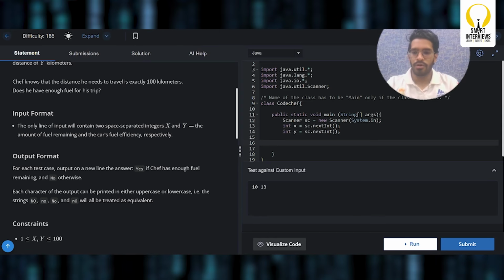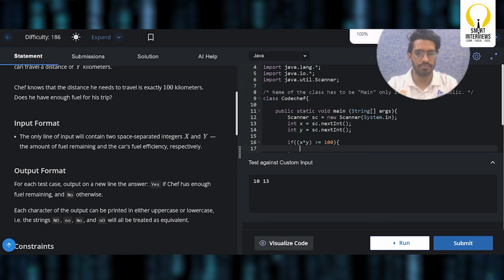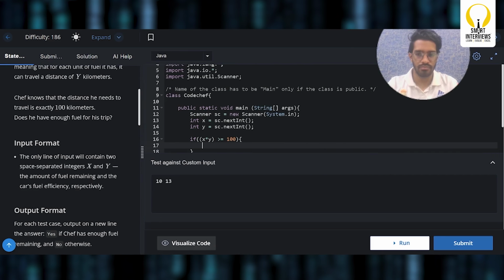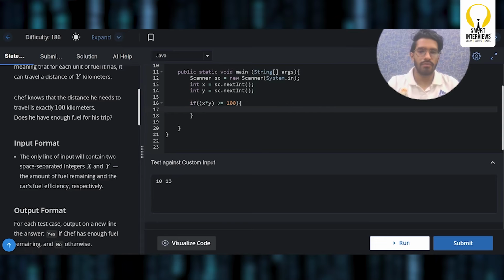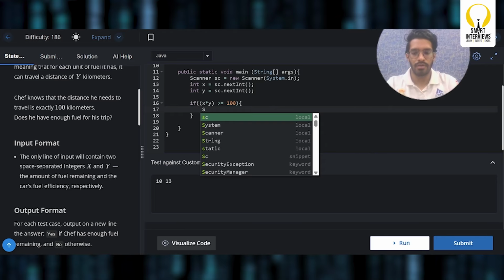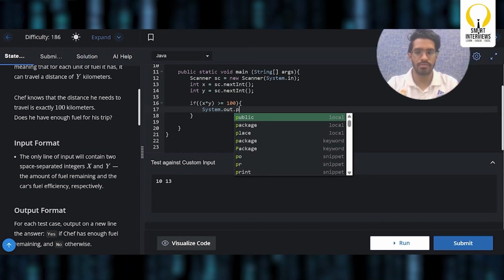So what do we have to do? We have to check if x into y is greater than or equal to 100. Basically, you can simply write: if x into y is greater than or equal to 100, when you have enough fuel, when you have enough kilometers, all you have to do is print yes.